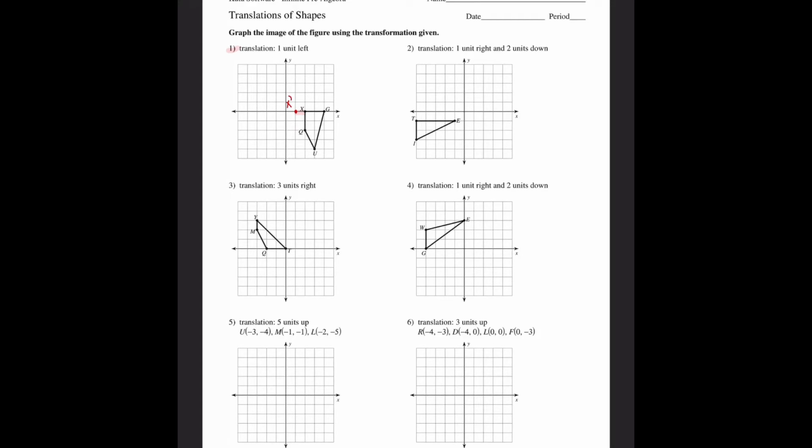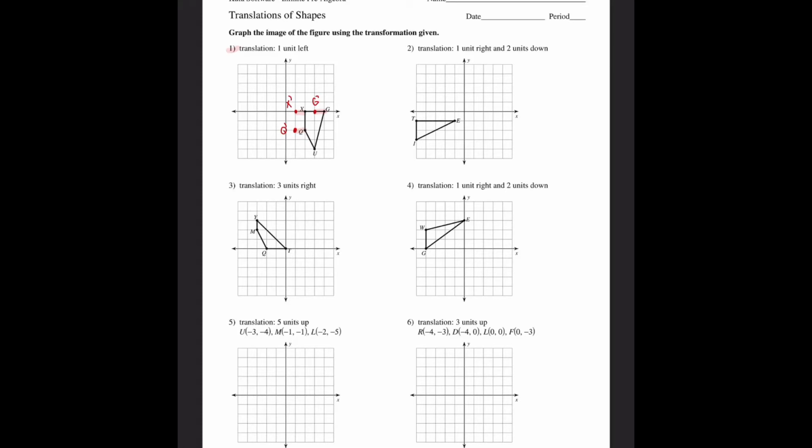So now we want to do that with our other points. So G, if we move G 1 unit to the left, it is now here, okay? And we would label that G prime. It's okay that it's on the other shape. As long as you're moving it the correct amount of units, that's all that matters, okay? So then Q prime would be 1 to the left. It would end up right there.